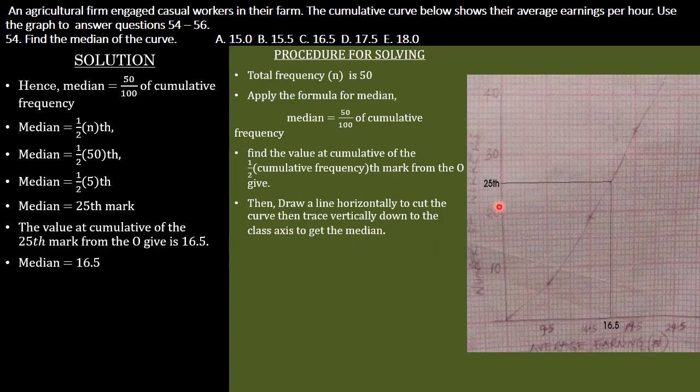Here is 20, here is 21, 22, 23, 24, 25. Therefore, we trace the line horizontally to cut the curve. Let's trace it vertically down to the class axis to get our median. We have 14.5 here, 15, 15.5, 16, here is 16.5. Therefore, our median is equal to 16.5.